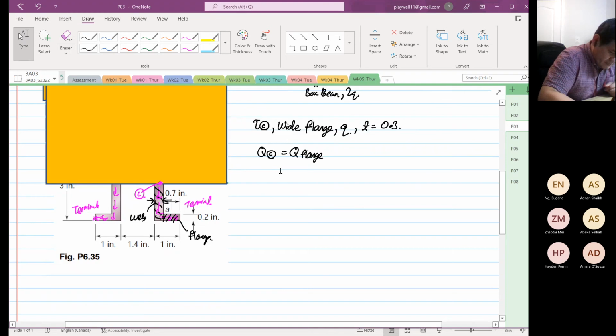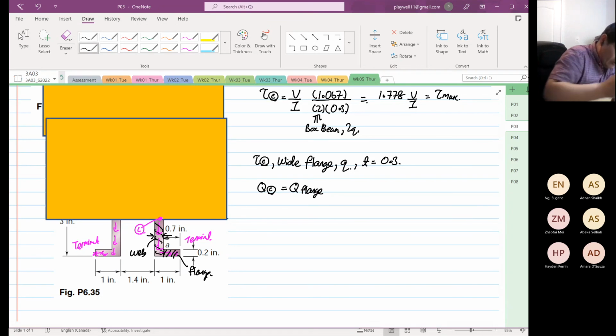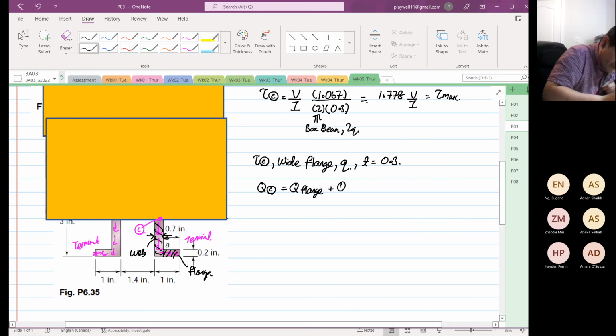Okay. So from here, plus Q of web. So this is equal to width 0.7, depth 0.2. So this is 1.5 minus 0.2 divided by 2.